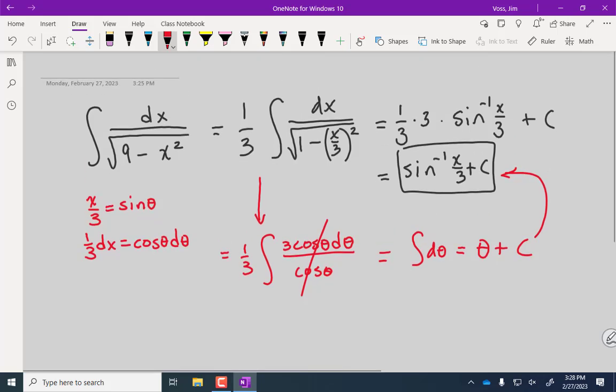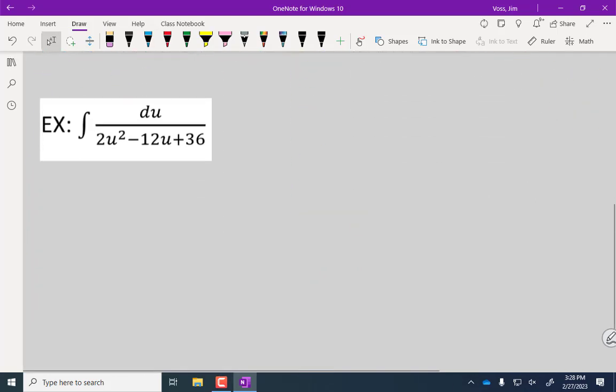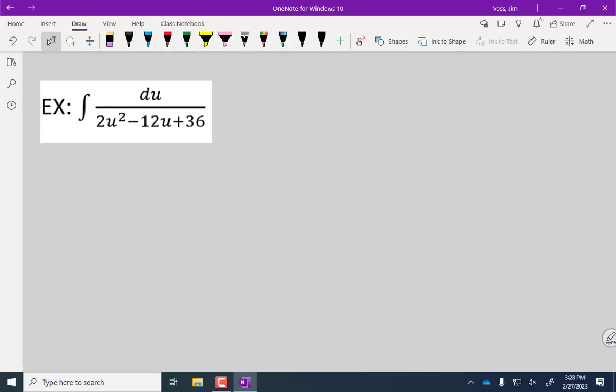All right. Amazing. So let's do this one here. Polynomial in the denominator that's not factorable, so we have to complete the square, but you can't complete the square until the coefficient of u squared is 1. So we're going to factor out the 2. Whenever you complete the square, the coefficient of the square term must be 1.